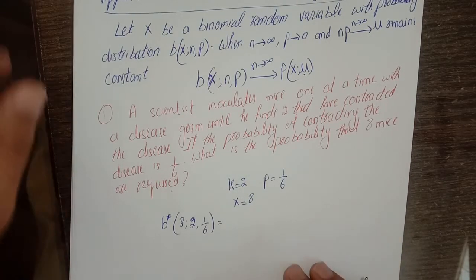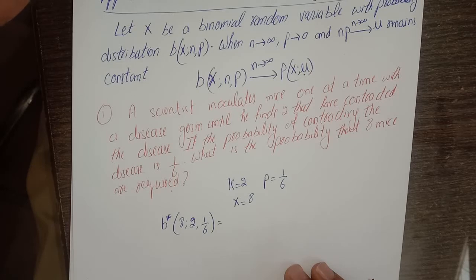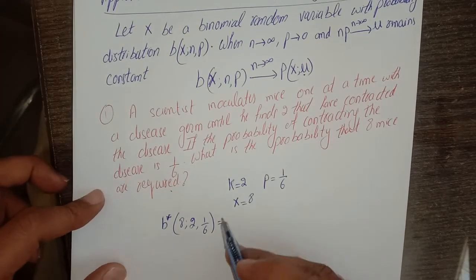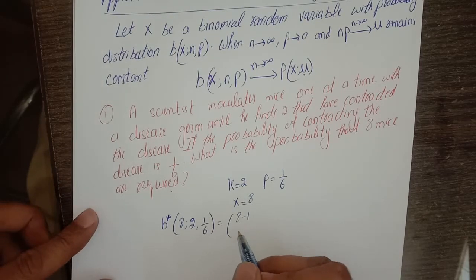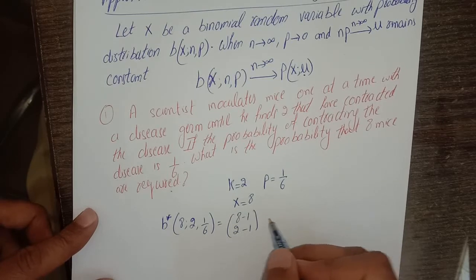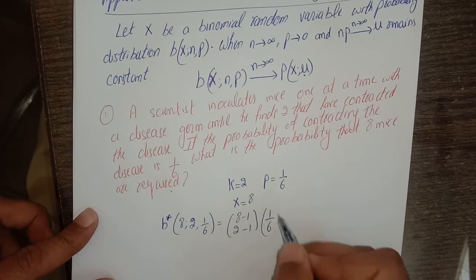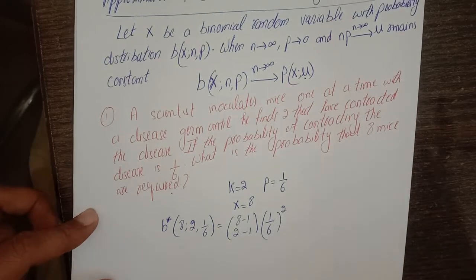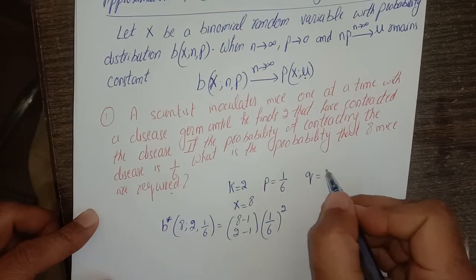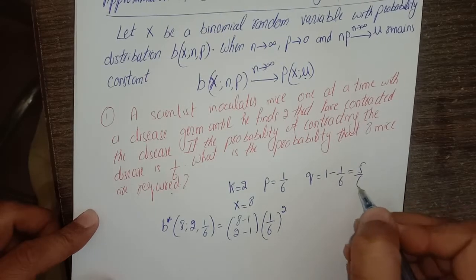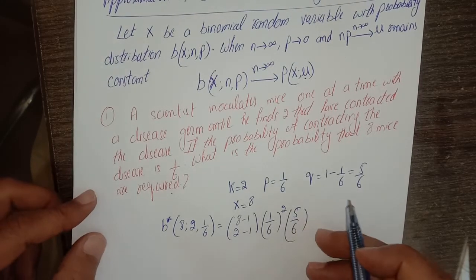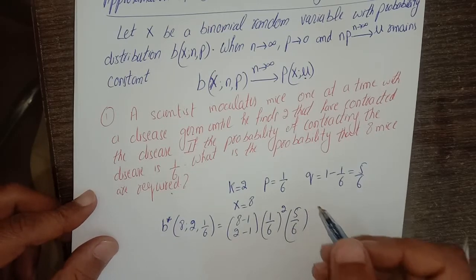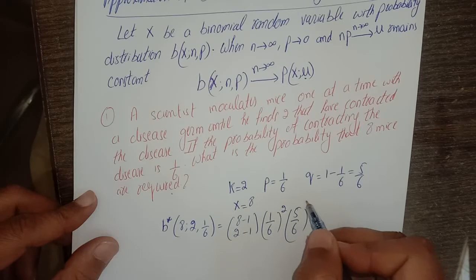You just need to put this in the formula, which would be x minus 1, that is 8 minus 1, over k minus 1, that is 2 minus 1, p raised to power k, and q, which is 1 minus p, so 1 minus 1 by 6 is 5 by 6, so it should be 5 by 6 raised to power x minus k, which means 8 minus 2.